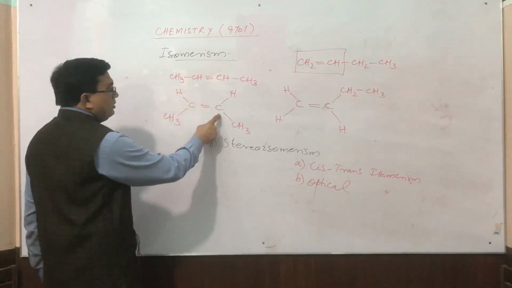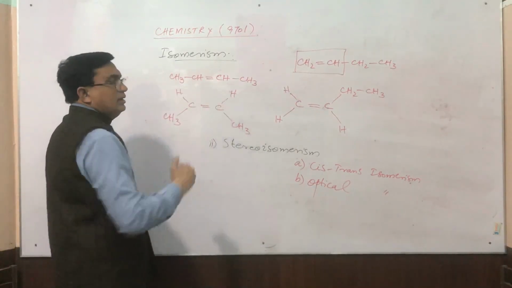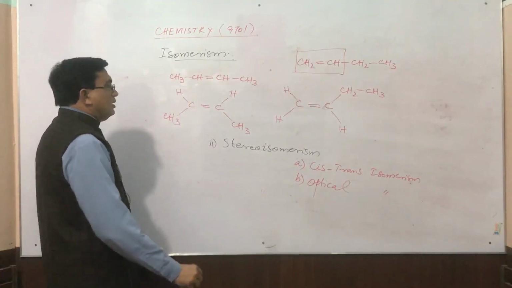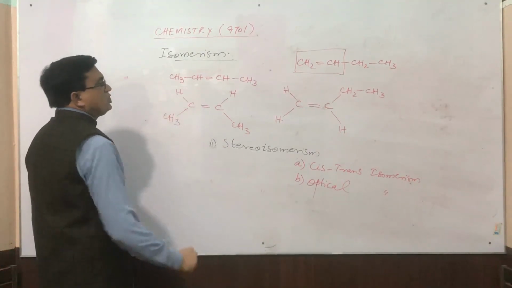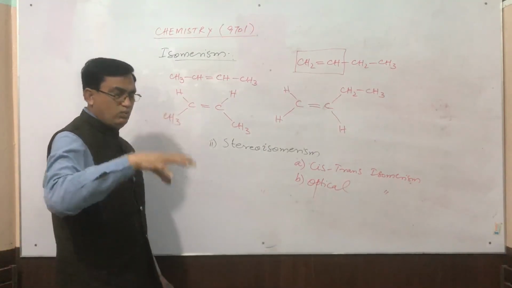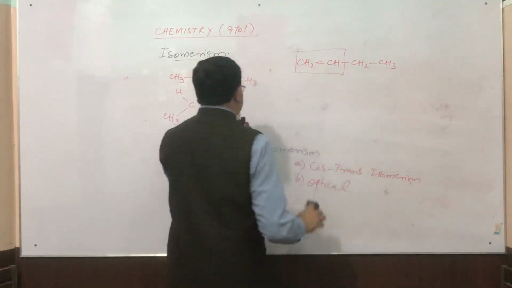Both of the carbons bonded with the double bond contain different groups and they adopt positions in space differently. In this case, the cis-trans isomerism will be observed. It will show cis-trans isomerism.